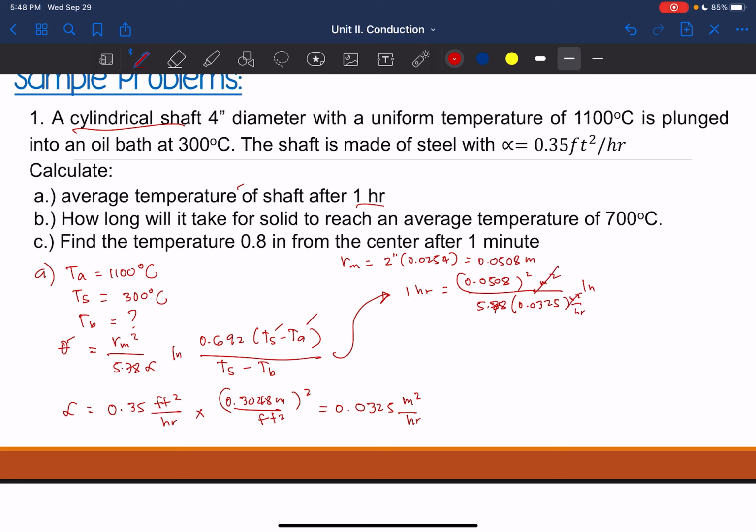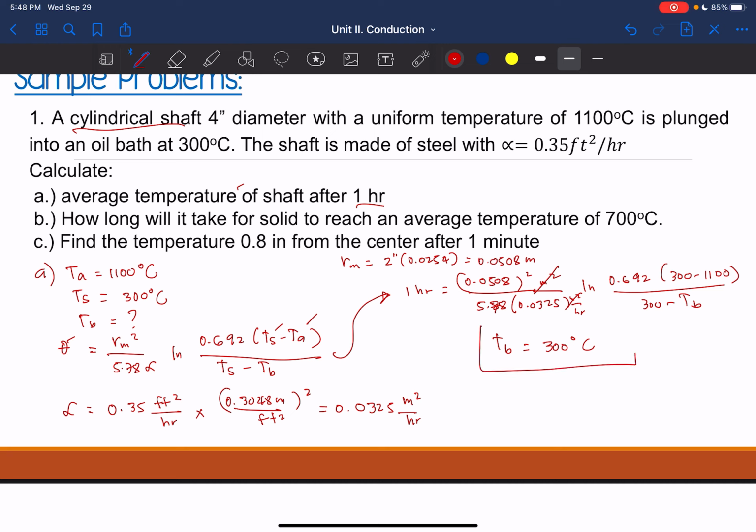So this cancels out, and hour is what you get. ln of 0.692 times 300 minus 1100 all over 300 minus your TB.